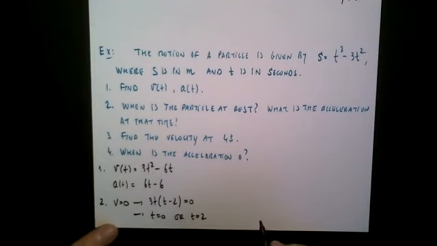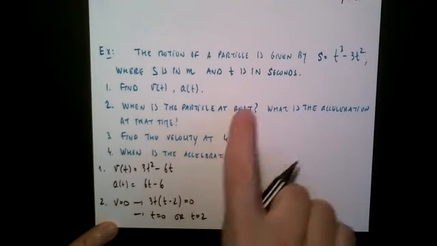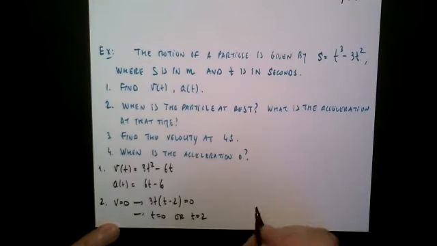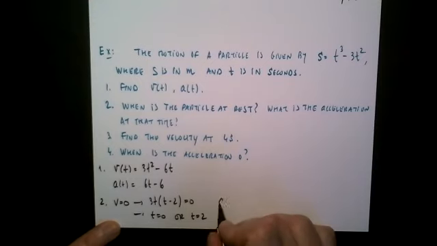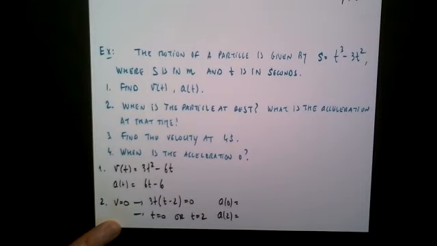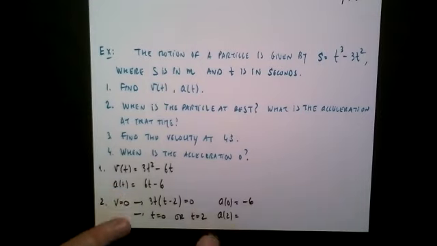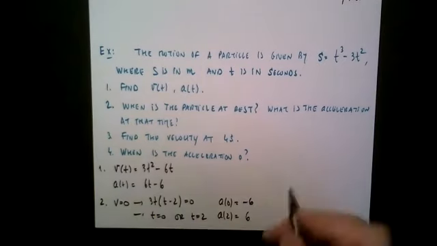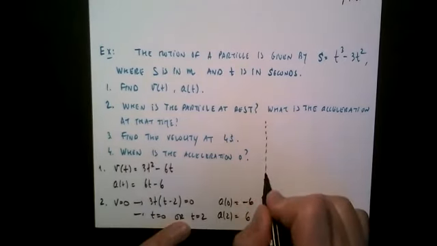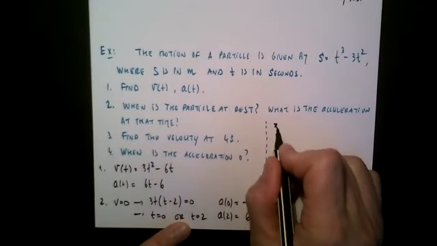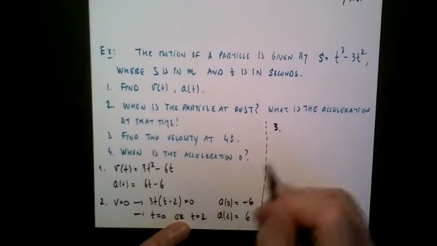Okay, and the acceleration at that time. So acceleration at 0 and acceleration at 2. You plug in 0 in the acceleration, it's minus 6. You plug in 2 in the acceleration, you get 6. That's for number 2. Number 3, find the velocity at 4.